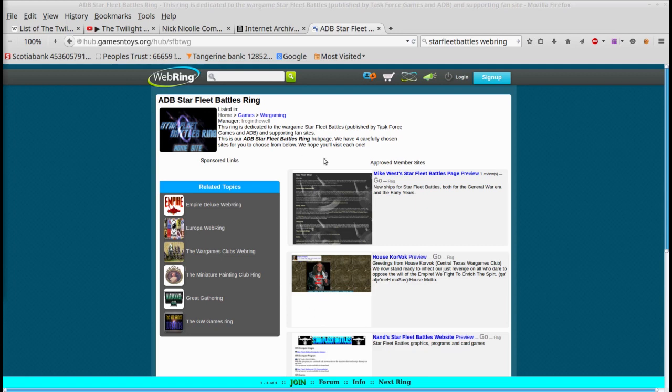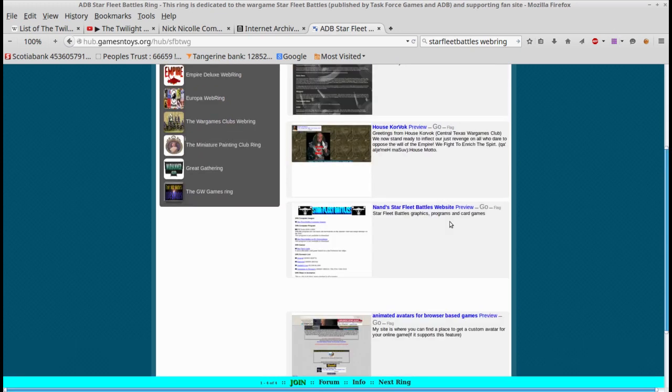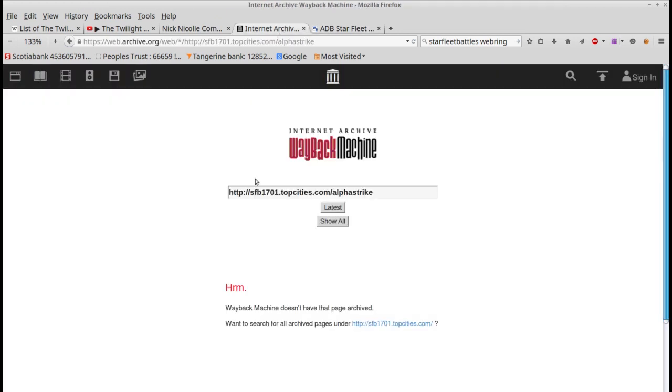Now, one of the places that you can find a lot of these old sites is in the Starfleet Battles web ring. Now, the current web ring may not have a lot in it, but if you can find an old site, let's see.